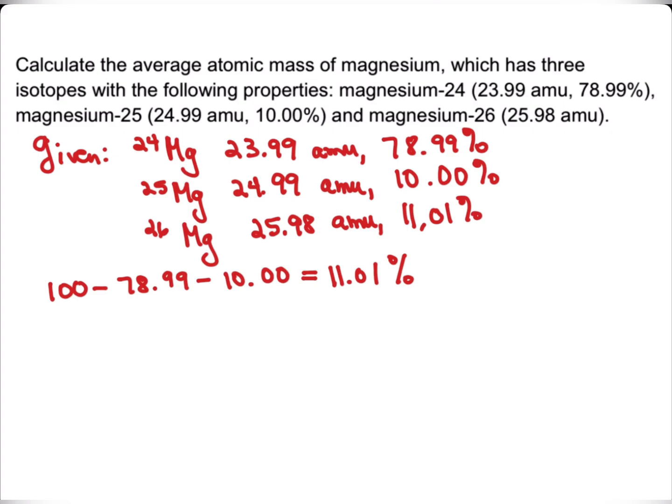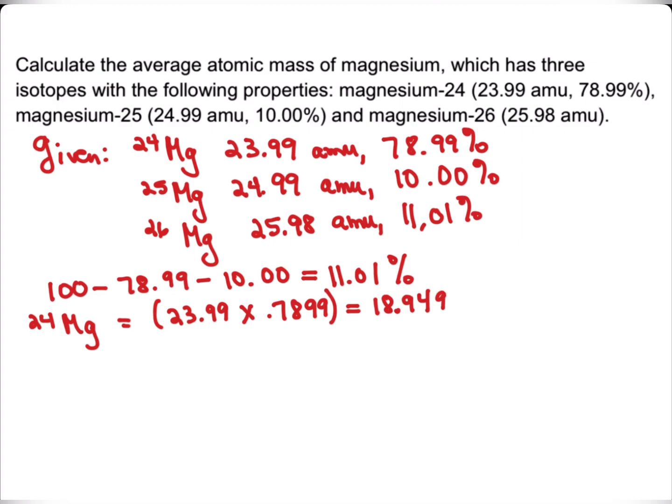I'm going to set up my problem. Magnesium 24 is 23.99 times, this is a percent, so I'm going to have to convert that number, divided by 100 or move the decimal 2 places to the left. And when I put this into the calculator, I get 18.949701.